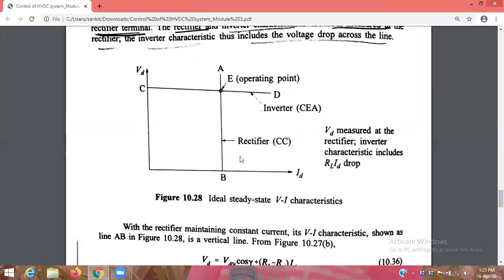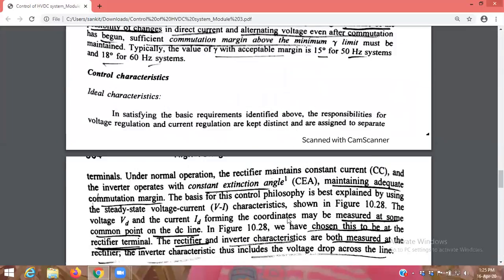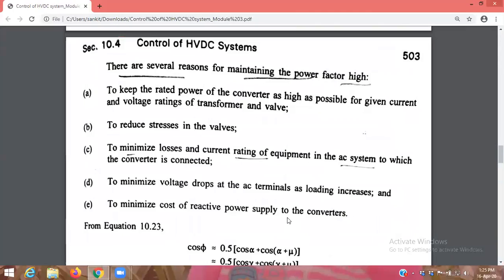Now, this is the characteristic of the inverter, the equation of the inverter at the rectifier terminal. That's why this term is added here. This is the voltage at the inverter terminal, and as we take these inverter characteristics to the rectifier side, this voltage drop gets added.